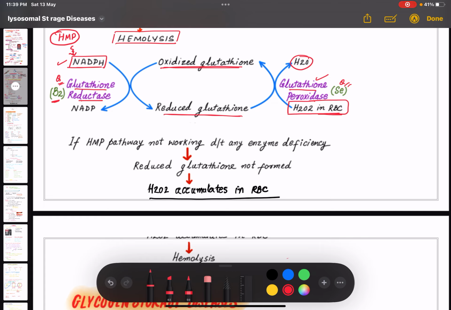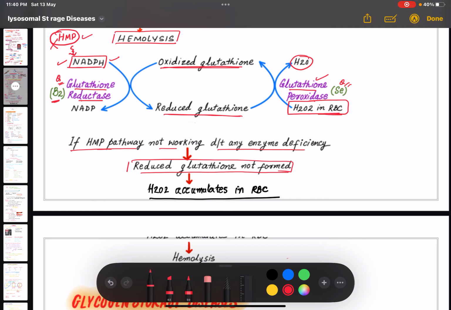It will not work. So our topic was that if there is any enzyme deficiency in the HMP pathway, we will get the hemolysis. But how will it occur? If HMP pathway is not working due to any enzyme deficiency, reduced glutathione is not formed. What I have told you, that from HMP pathway we get NADPH.